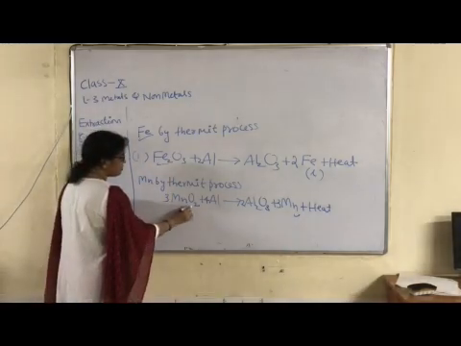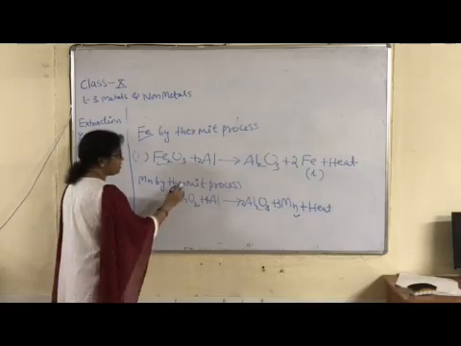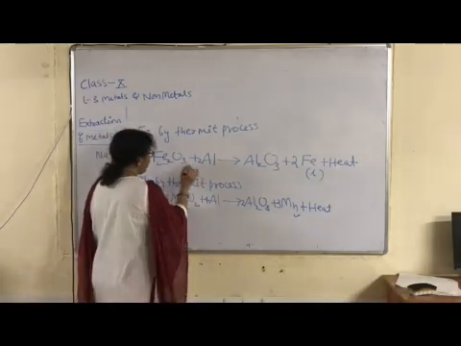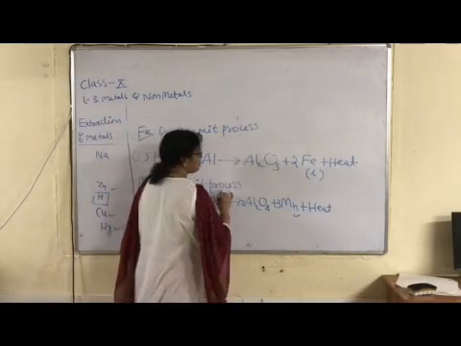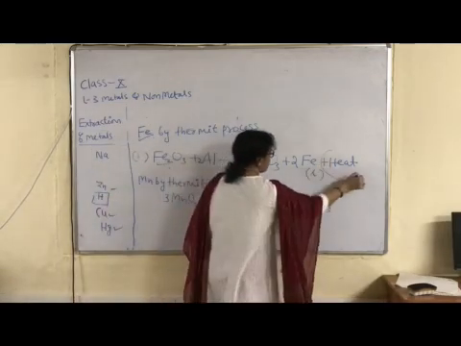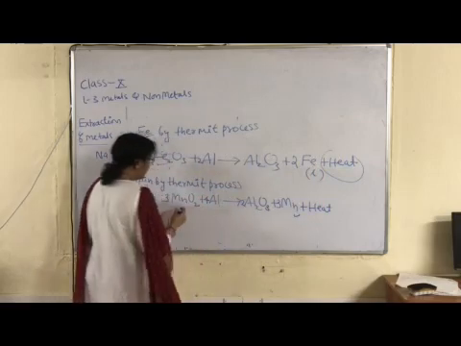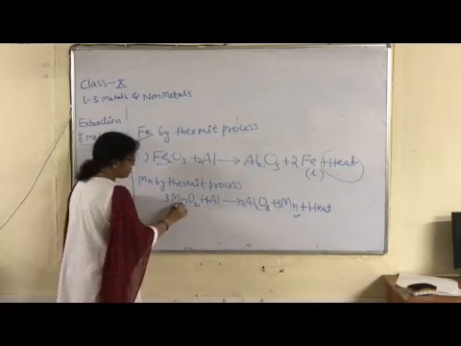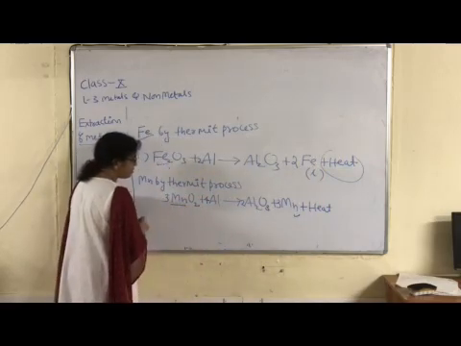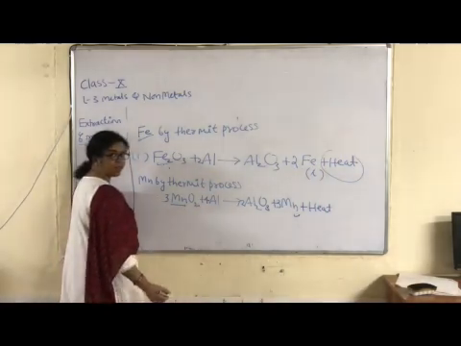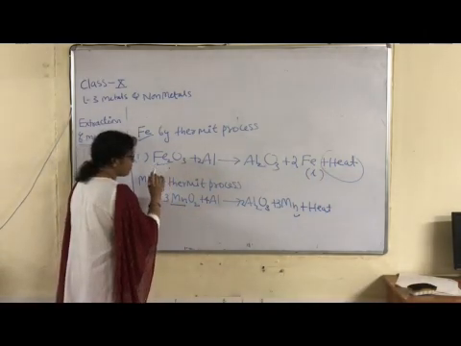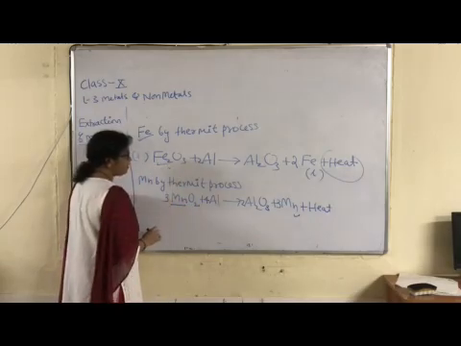This is manganese dioxide. Okay, iron from hematite ore is extracted by which process? Thermit process, because this is highly exothermic reaction. And extraction of manganese from manganese dioxide, which is black color powder, by which process? Thermit process. And this is displacement reaction. One metal is displaced by another metal.